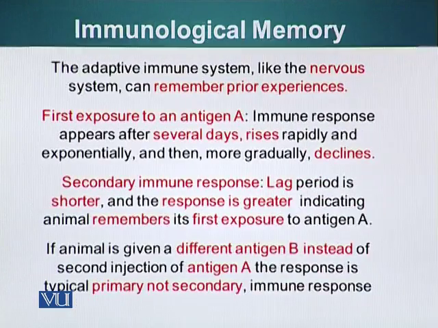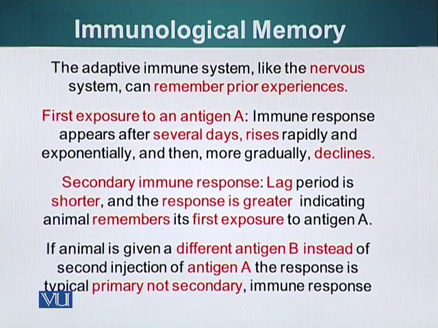Let's look at that. Our immune system also has a memory, just like our nervous system. It can remember prior encounters with a particular antigen, which, for example, may originate from a pathogen. After first exposure to antigen A, the immune response appears after several days.